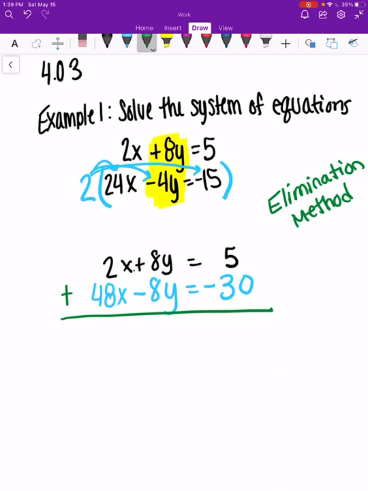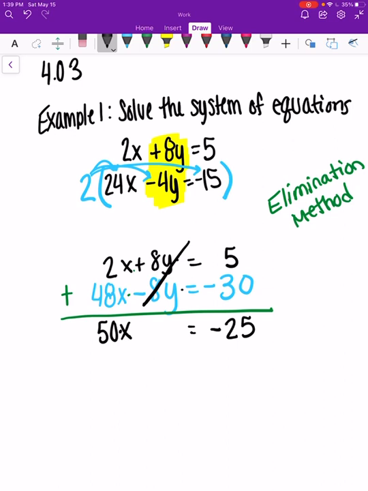So 2x plus 48x is 50x. 8y plus negative 8y cancel out, they go away. And then 5 plus negative 30 is negative 25. So I'm adding these equations together to eliminate the y variable so that I can just solve for x.